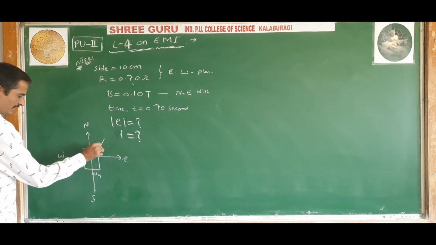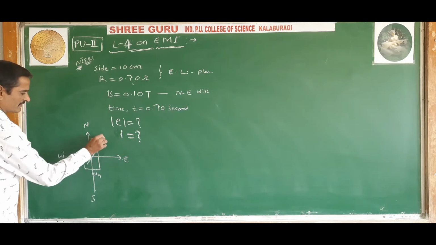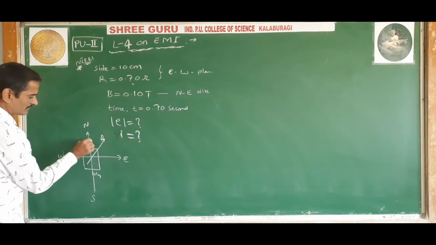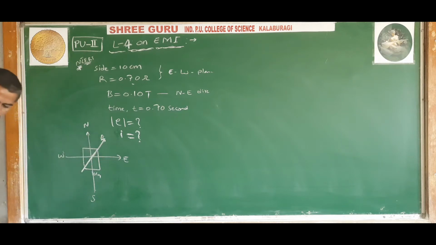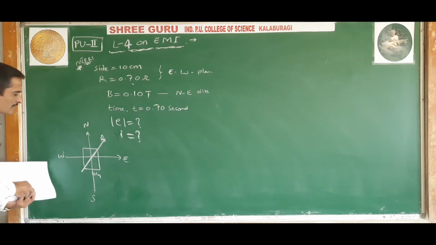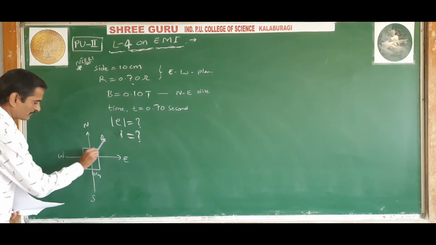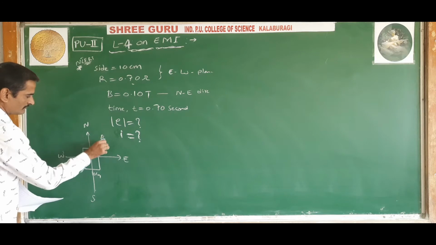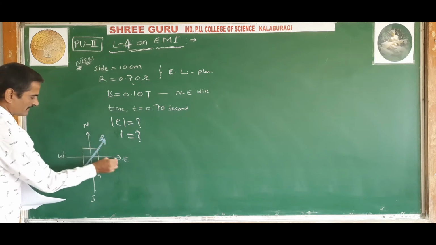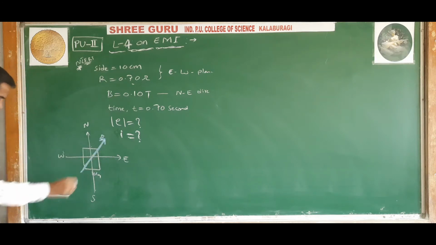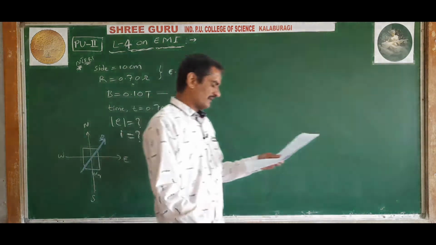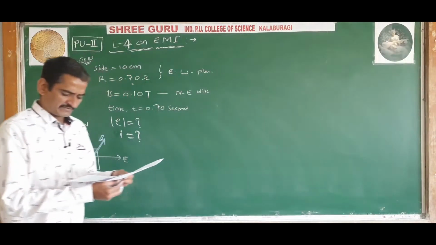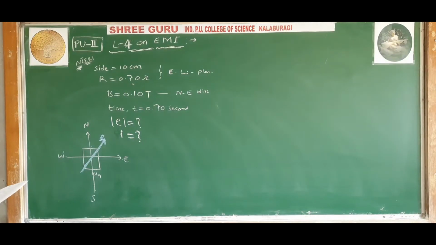Northeast direction means in between the north and east here. So this is the direction of the uniform magnetic field. The magnetic field is decreased to 0 in 0.70 second at a steady rate. Determine the magnitude of induced EMF.